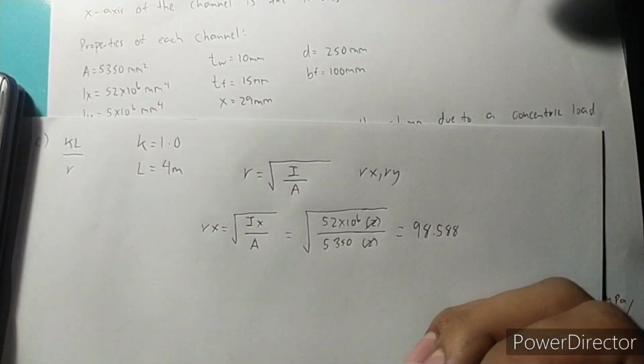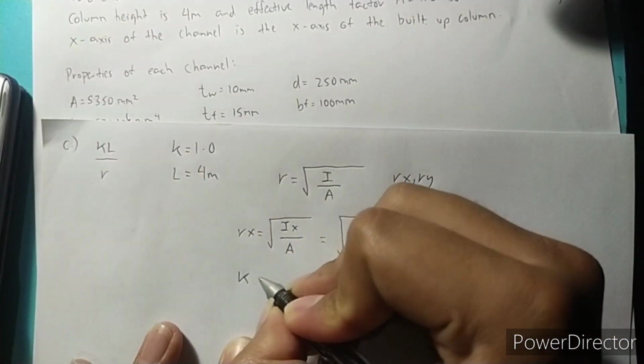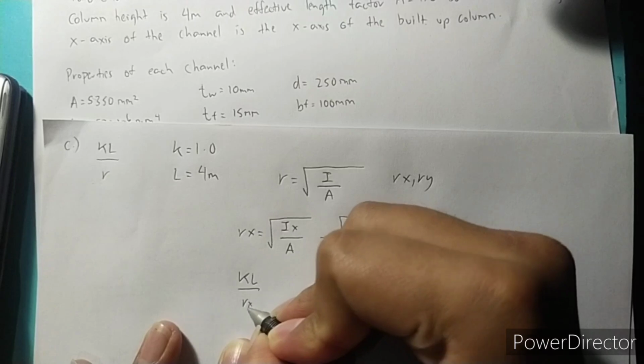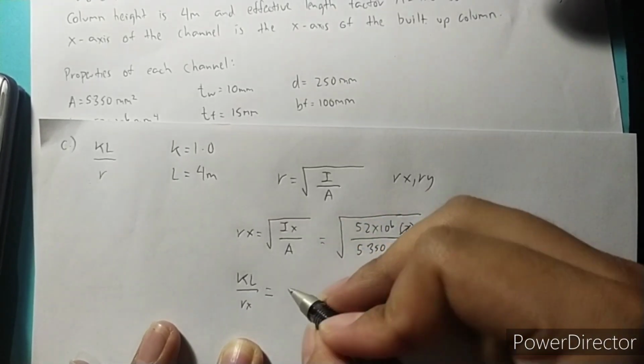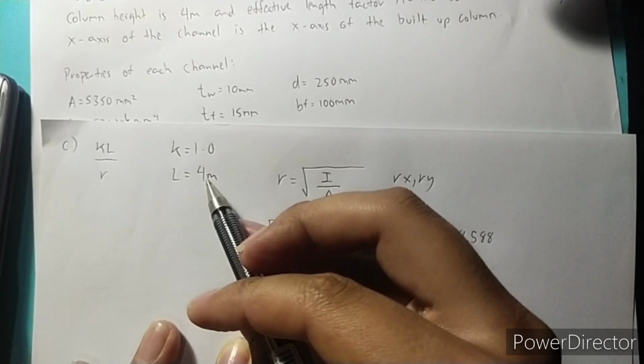So, substitute natin. So, KL over rx equals to, so 1, multiply natin sa L. So, gawin natin itong millimeter.